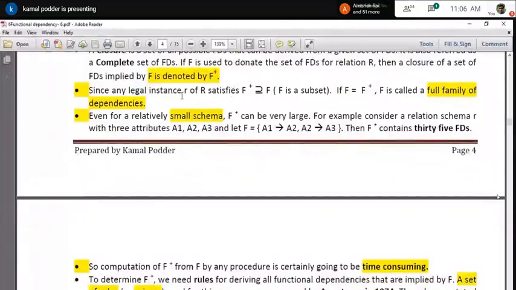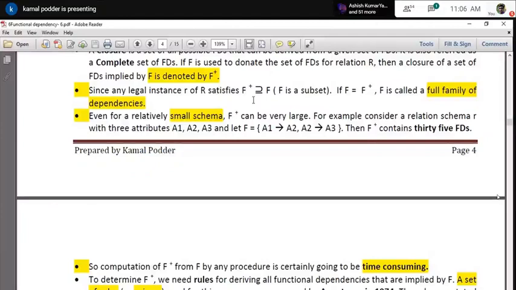For any legal instance of R in the relational database, F is always a subset of F+, because F+ contains all the possible FDs. Any set F you suggest should be a subset of that.